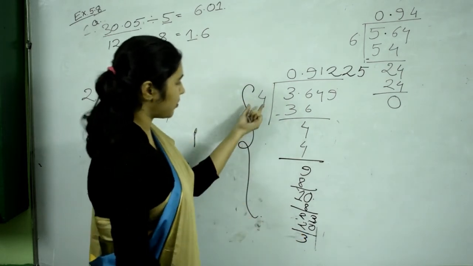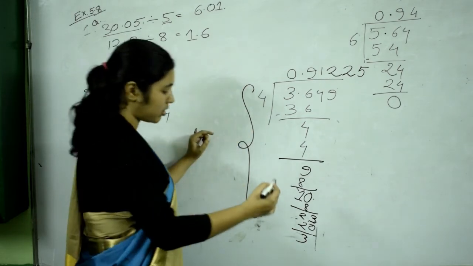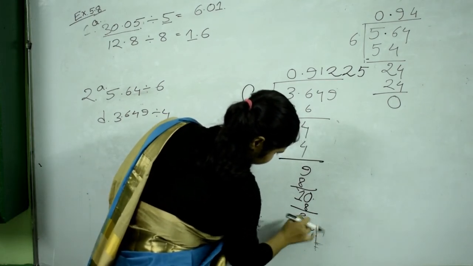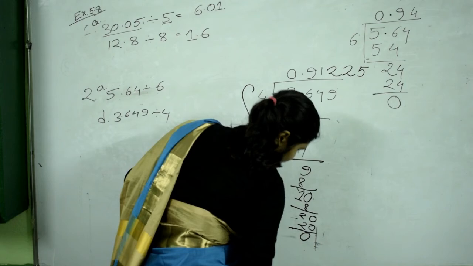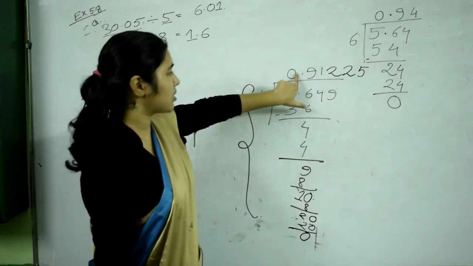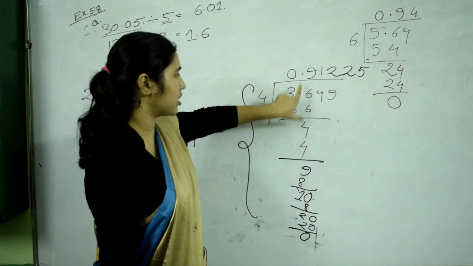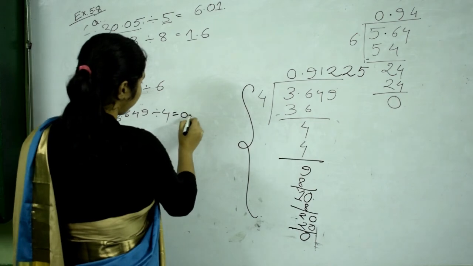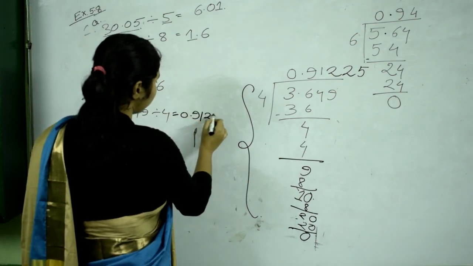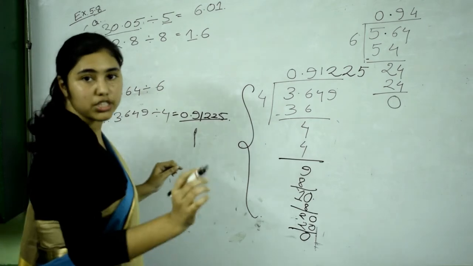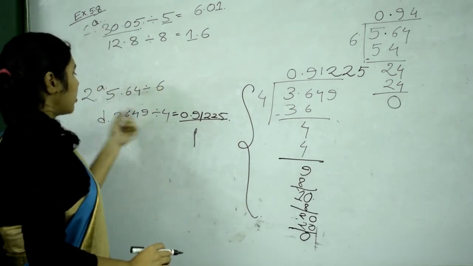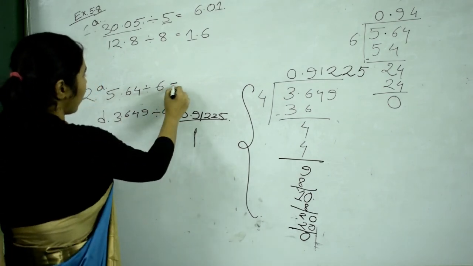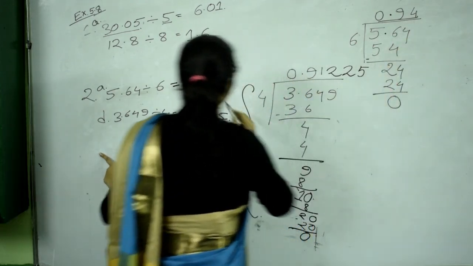Now again 3 is not divisible by 4, so again we have to consider 1 zero. Now insert the decimal point just above the decimal point of the dividend. So our answer is 0.91225, which is the quotient if we divide this number by 4. And here the answer is 0.94.